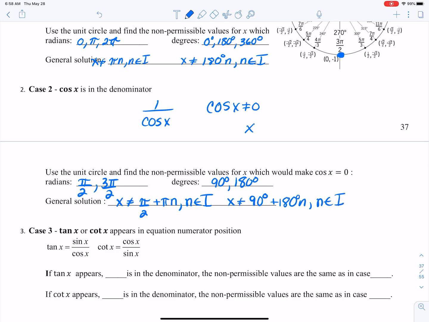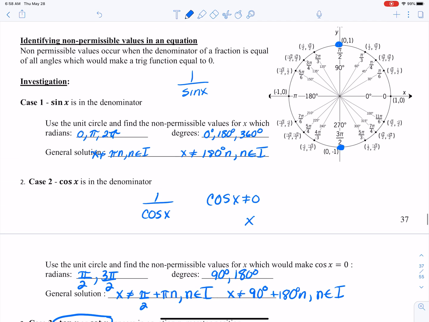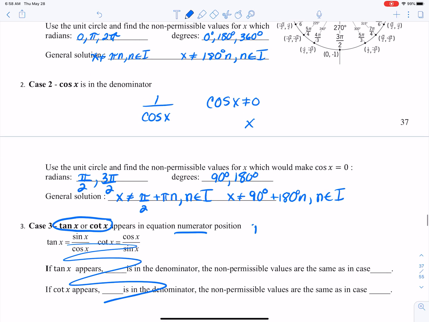Okay, we're not going to worry about this stuff here. We're just going to talk about where tan or cotan appear in the numerator position. If you remember, back to the unit circle, tan and cotangent can be undefined on the unit circle. And let's figure out where that happens. We know that tan is equal to y over x.